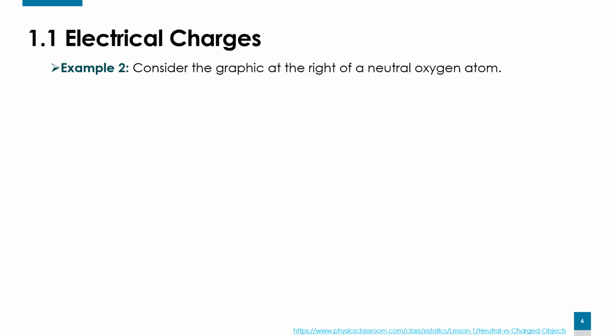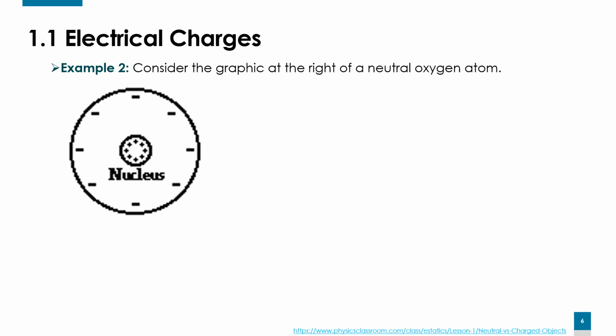Example 2. Consider the graph at the right of a neutral oxygen atom. So here I have a representation of an oxygen atom. From the exercise, how many protons do I have? Where is the proton? The nucleus, right? So 1, 2, 3, 4, 5, 6, 7, 8. So I have 8 protons here in the nucleus.